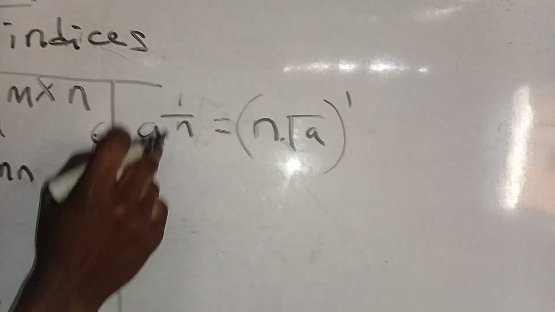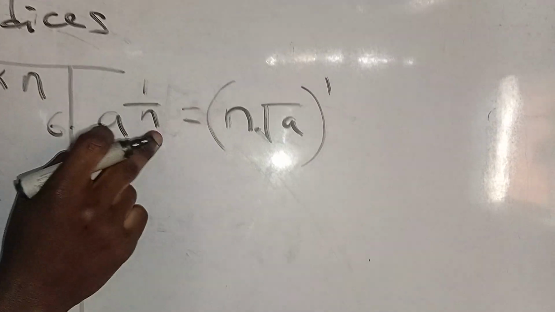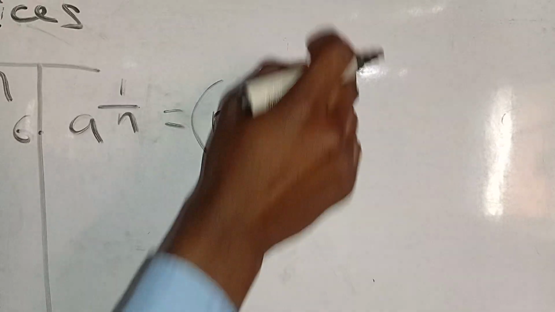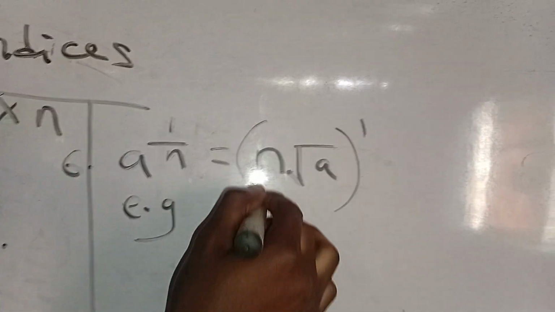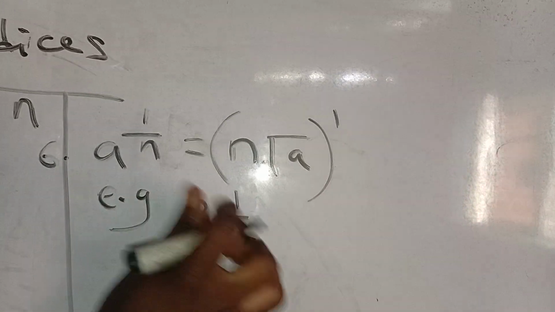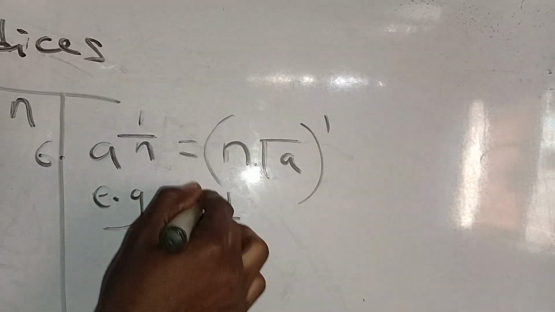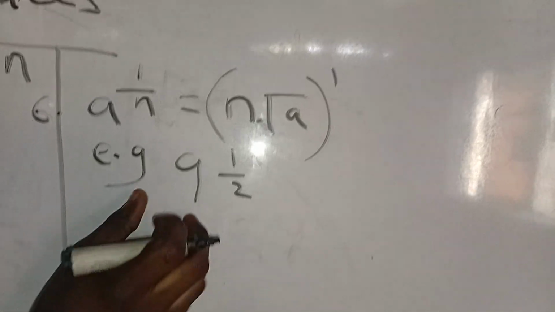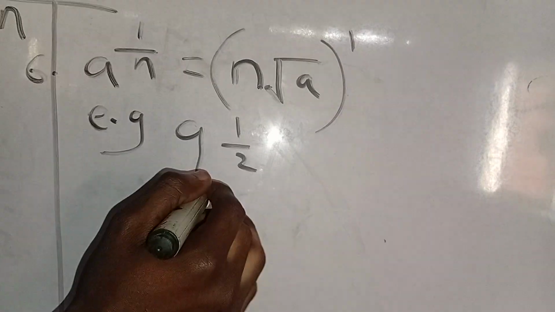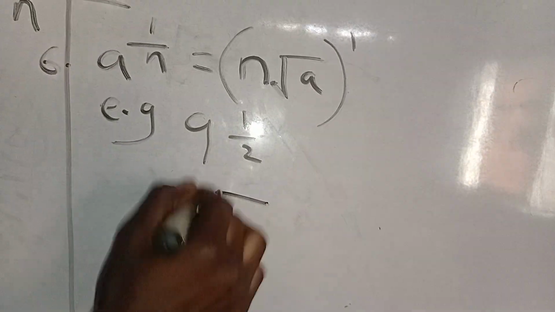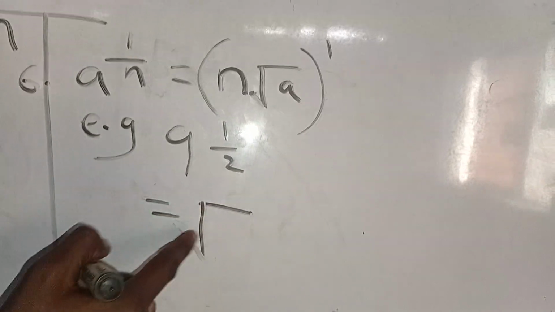Now a raised to power 1 over n leads us to the nth root of a, then in bracket raised to power 1. For example, if you are having 9 raised to power 1 over 2, this is turned to square root.